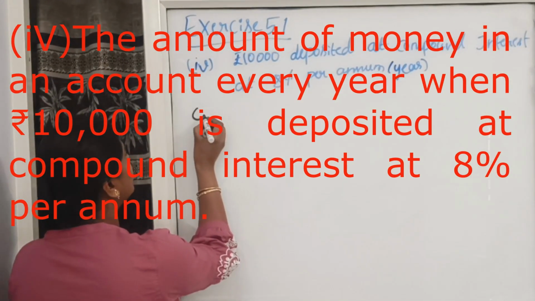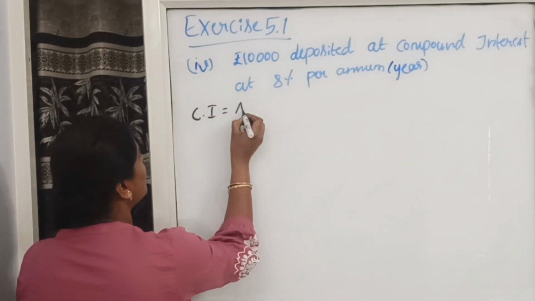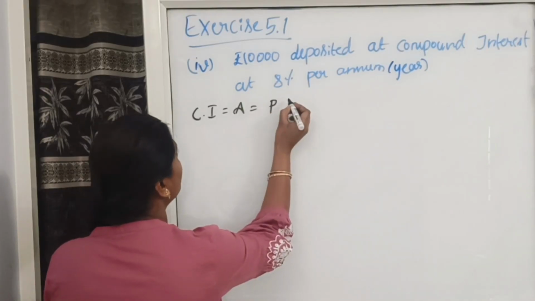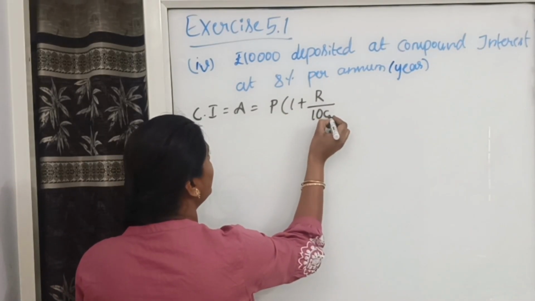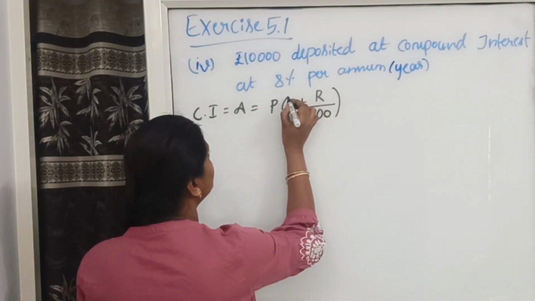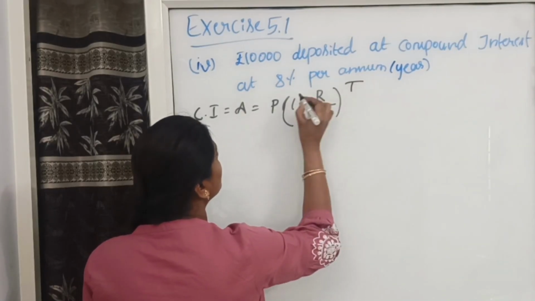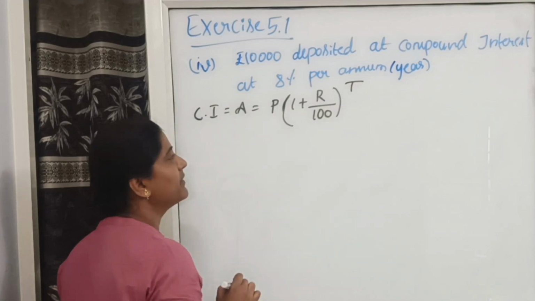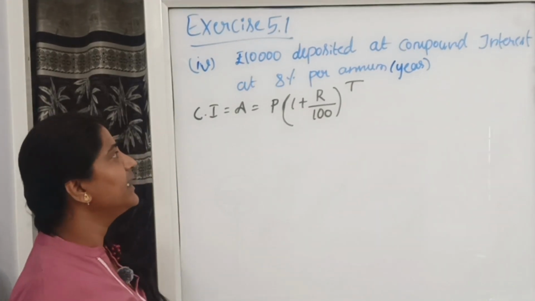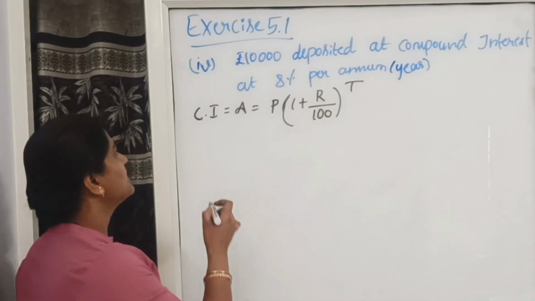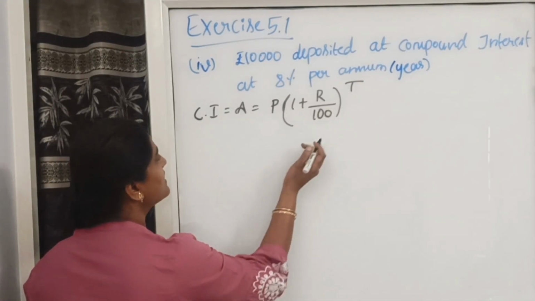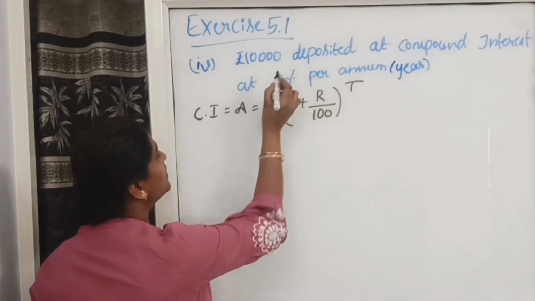Compound interest formula is A is equal to P into 1 plus rate of interest divided by 100, whole power T, where T means the term, number of years. Here every year means for each year it is going to add. Let us write the principal amount.